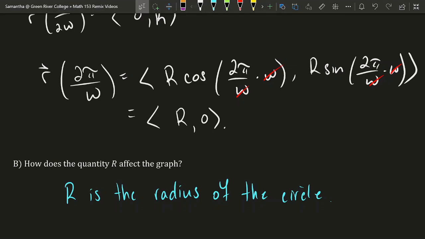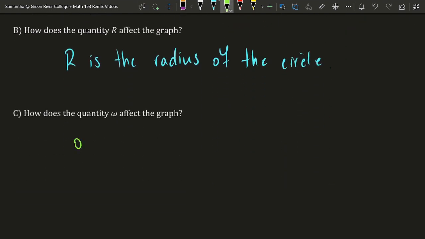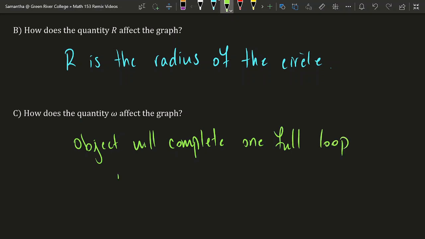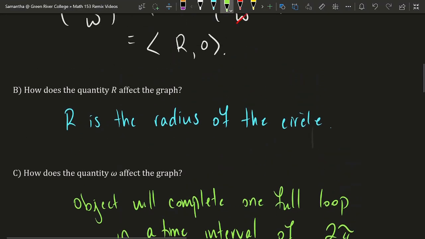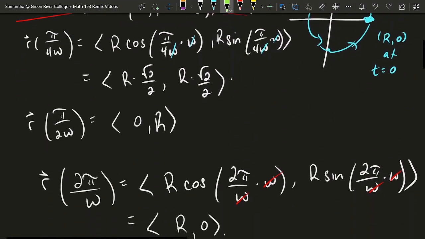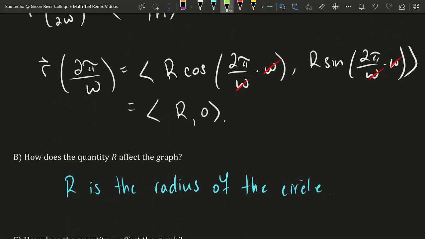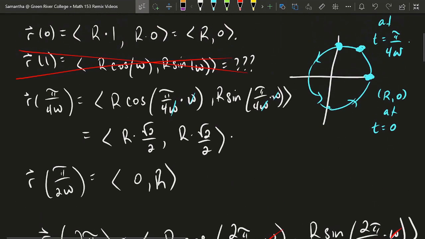So what is the significance of the quantity called omega? Well, one significance that we can deduce is that the object will complete one full loop in a time interval of 2 pi over omega. At time t equals 0, it was on the right side, and then if I plugged in time 2 pi over omega, it was back on that right side of the circle.